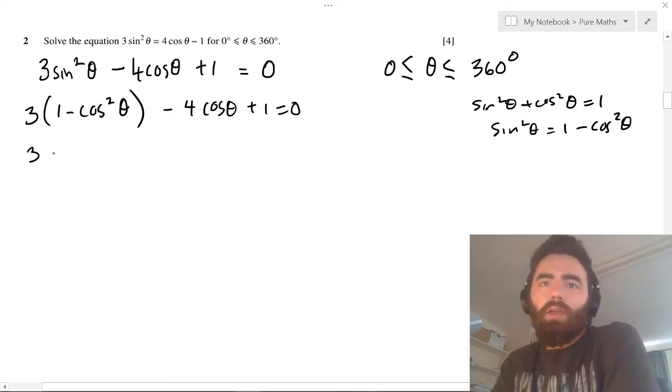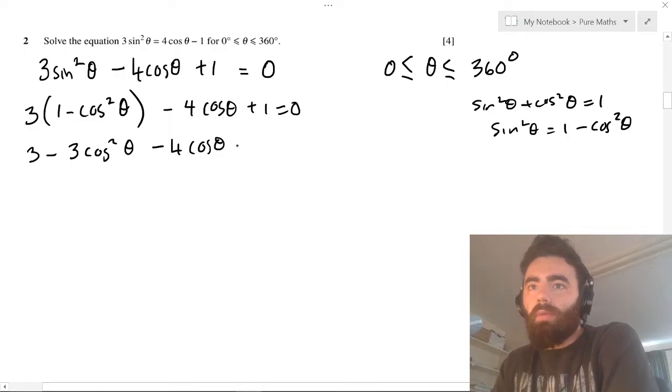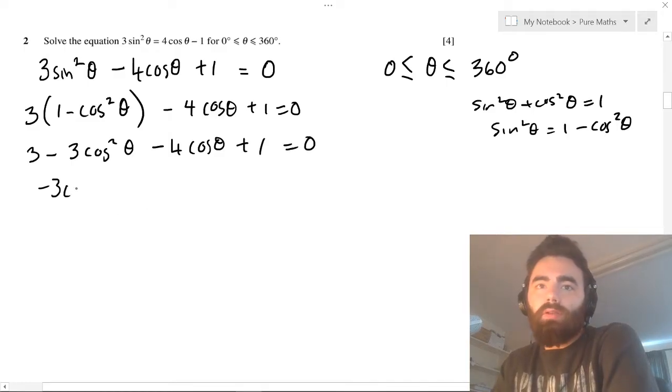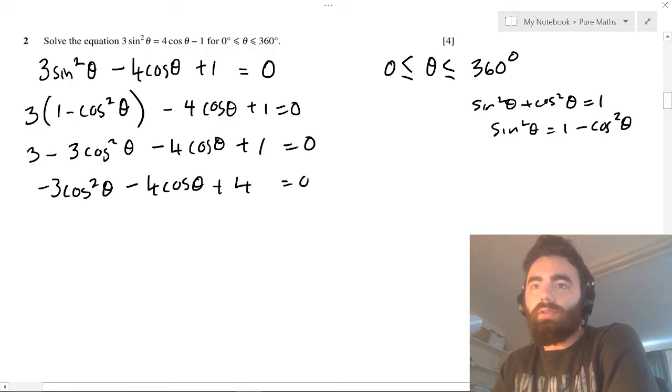So then we get 3 minus 3 cos squared theta minus 4 cos theta plus 1 equals 0. That gives minus 3 cos squared theta minus 4 cos theta plus 4 equals 0, and then I'll just divide through by negative 1 to make it look pretty.